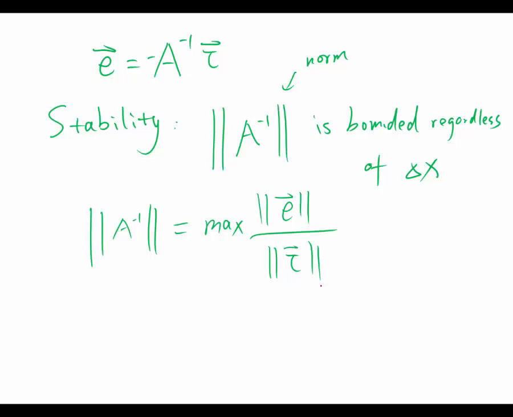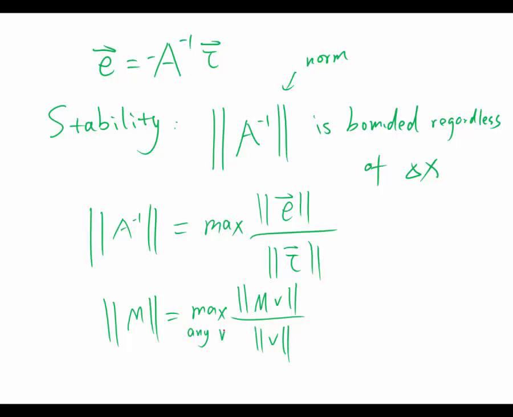Okay, so the strict definition of the norm of a matrix, let's say matrix M, is defined as the maximum possible ratio between the norm of M times a vector v divided by the norm of the vector v itself. So this maximum is over any v.